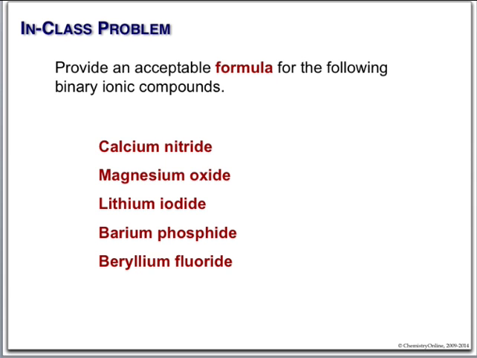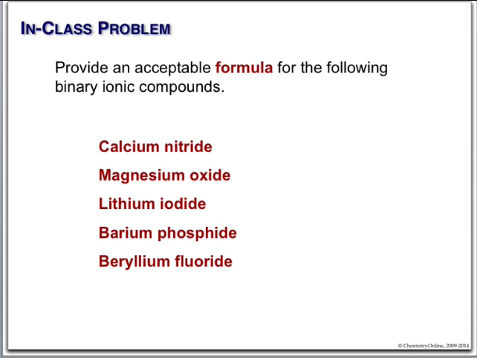Let's just do our first one, so we get it. Calcium is here, it's in the second group. So it is a +2. Nitrogen's over here in group 5. So it needs 3 electrons to get over to 8. Therefore, it's a -3. So the first thing you do is say, okay, I can do this. +2, -3.